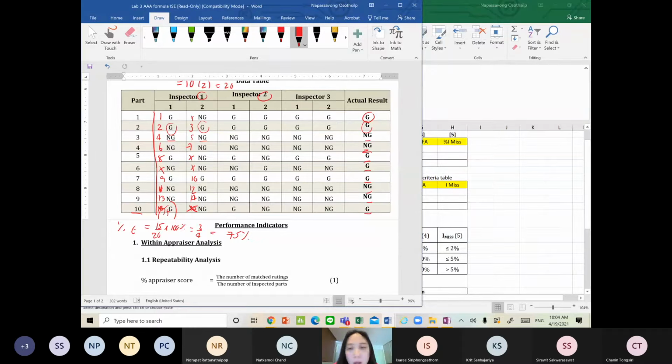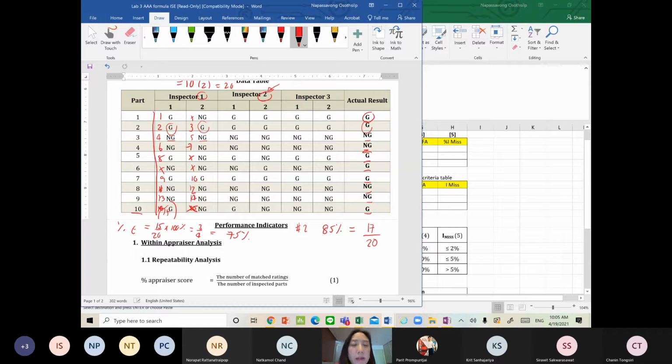Parit, have you done? Okay, so how many opportunities did he make correct results for inspector 2? Yes, 85%. 85% comes from 17 over 20.